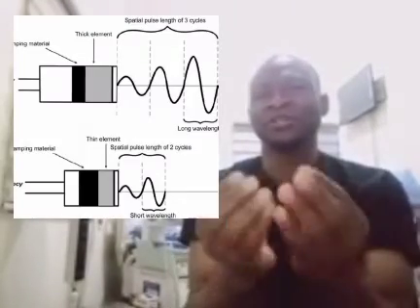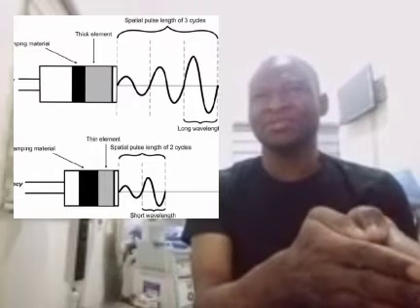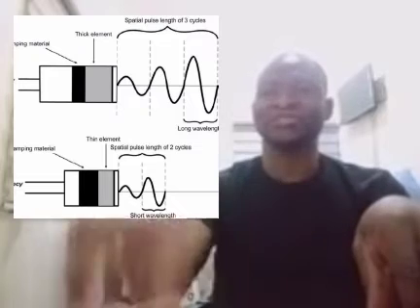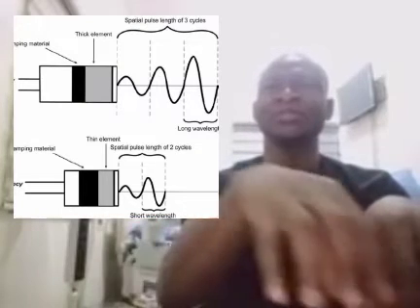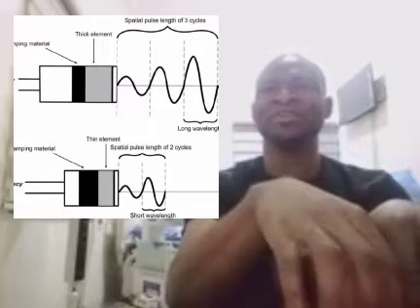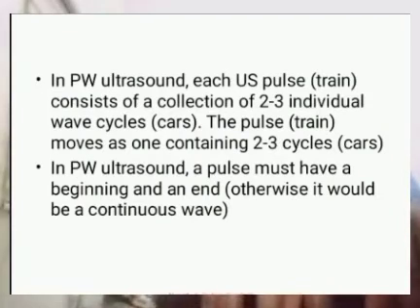So in pulse wave ultrasound, each pulse consists of a collection of 2 to 3 individual wave cycles. So you may want to consider that like the cars of a train. So the 2 to 3 individual wave cycles will form each car. Then the pulse, which is the train, moves as one, containing the 2 to 3.